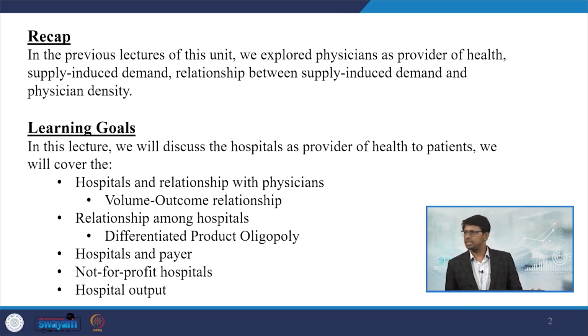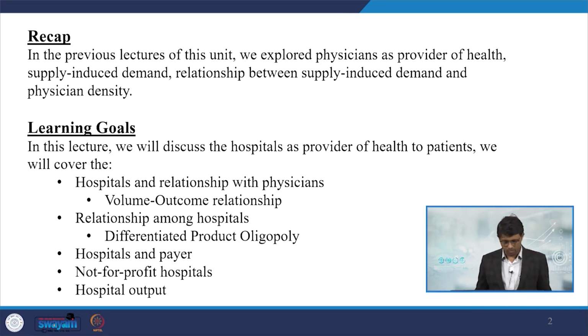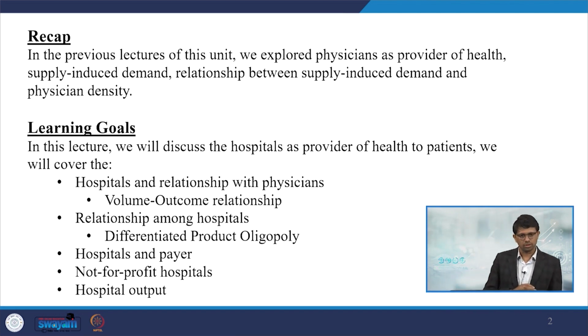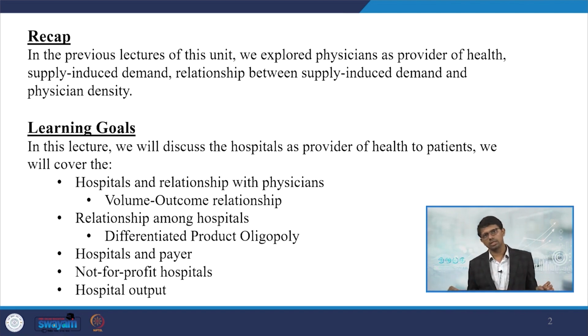We will be emphasizing the volume output relationship. We will also try to project and explain how the competitive structure, in this case especially, has resulted in a differentiated oligopolistic structure, and how this has actually impacted the relationship and eventually the patients or the receivers.